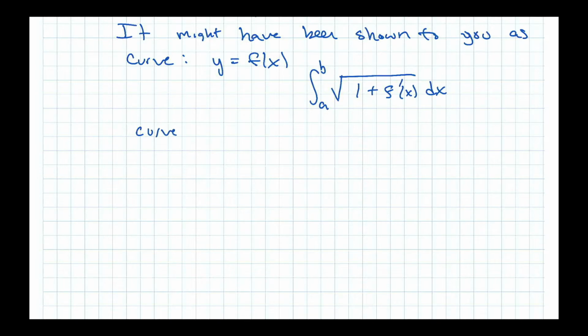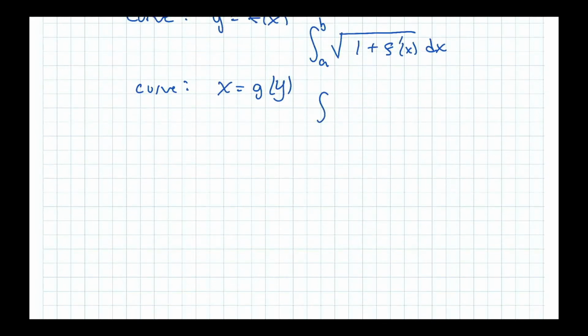If your curve was x as a function of y, it would be a different a and b, but then a square root of 1 plus g prime of y squared, and then a dy integral.